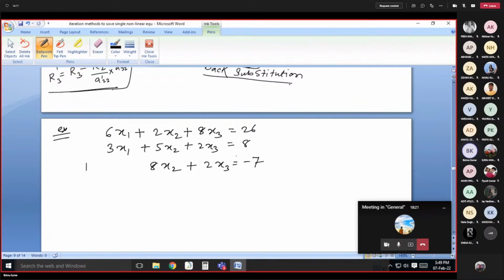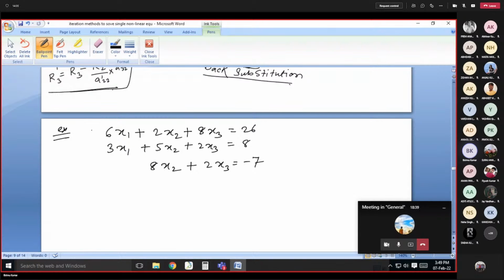You can replace your equations in any position. Suppose you put this equation in first position, but one thing you should remember for this technique: in your first equation, the first variable coefficient should not be 0.